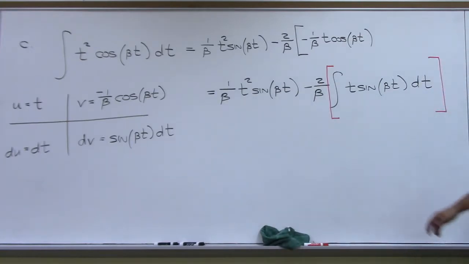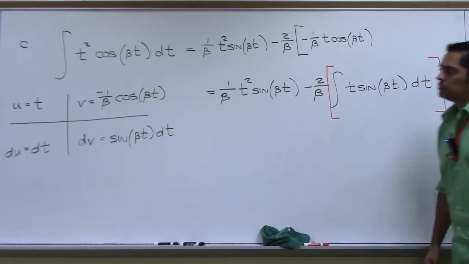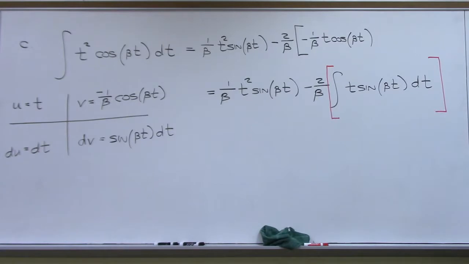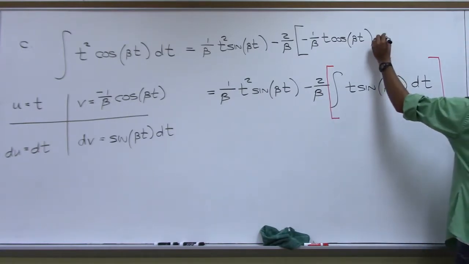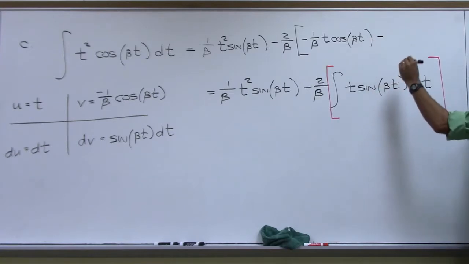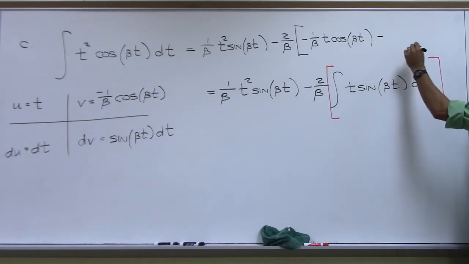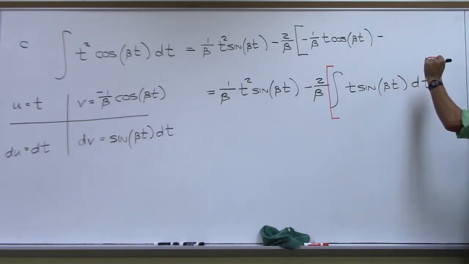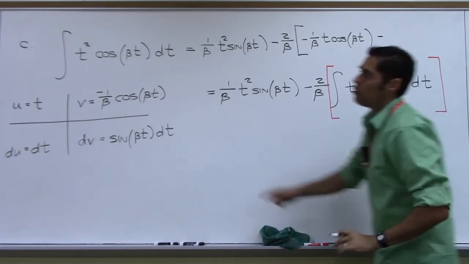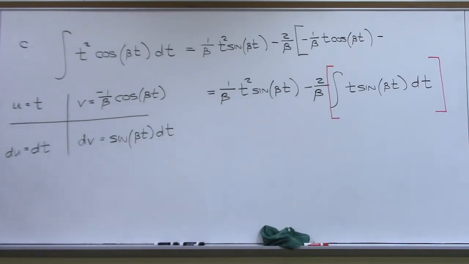Can you give me minus integral v du now? However you see it. Okay, the negative 1 over beta before. And there's a minus in the formula, right? And then you're going to pull out the negative 1 over beta, so do you want me to change it to a plus now? Well, the formula has a negative, right? Oh, okay. And you're saying you're going to pull a negative 1 over beta out?